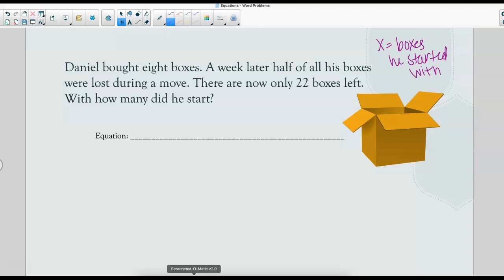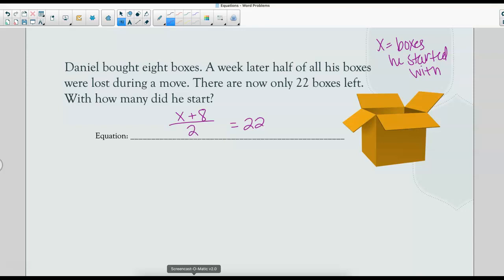Maybe in parentheses do x plus 8 and divided by 2 equals 22. Another way to write that is just x plus 8 over 2 equals 22.